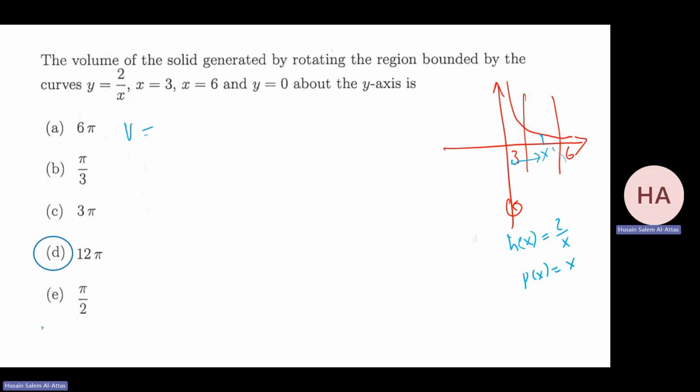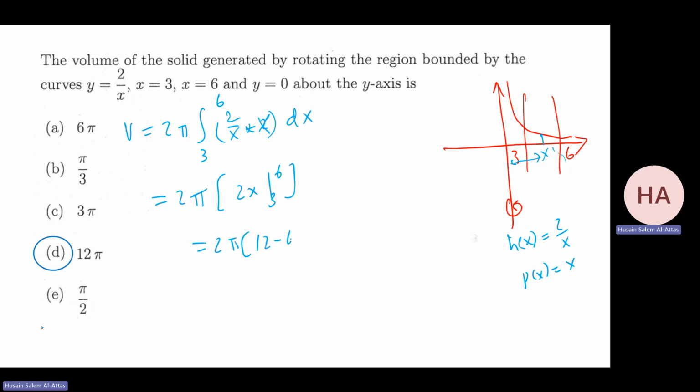So the volume will be 2 pi integral from 3 to 6 of 2 over x times x dx. So that would be 2, which gives me 2x from 3 to 6. That will be 2 pi, 12 minus 6, 6 times 2 pi, that will be 12 pi.